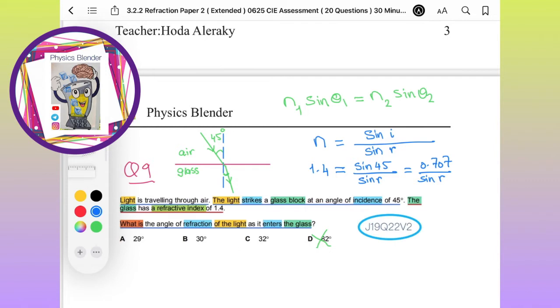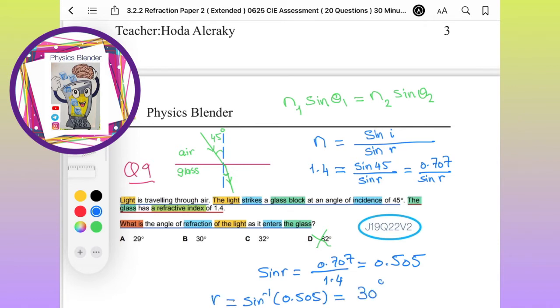Cross multiplication, sine r is equal to 0.707 divided by 1.4. The answer is 0.505. Shift sine your answer, you can find r. The answer is 30 degrees.